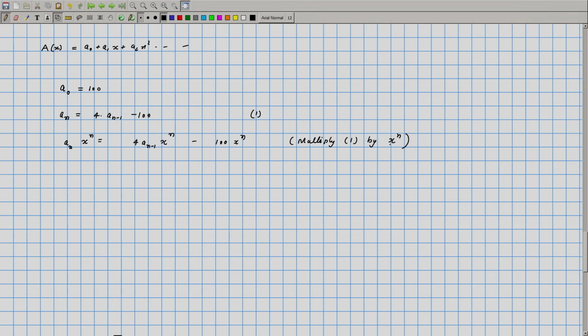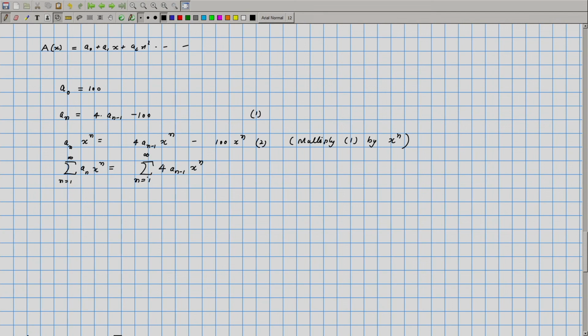Okay, and then we will sum this equation 2 for values of n starting from 1 to infinity. So, both sides, if we sum up the LHS and the RHS, summation n is equal to 1 to infinity a n x raised to n is going to be equal to summation 4 a n minus 1 x raised to n, n again varying from 1 to infinity.